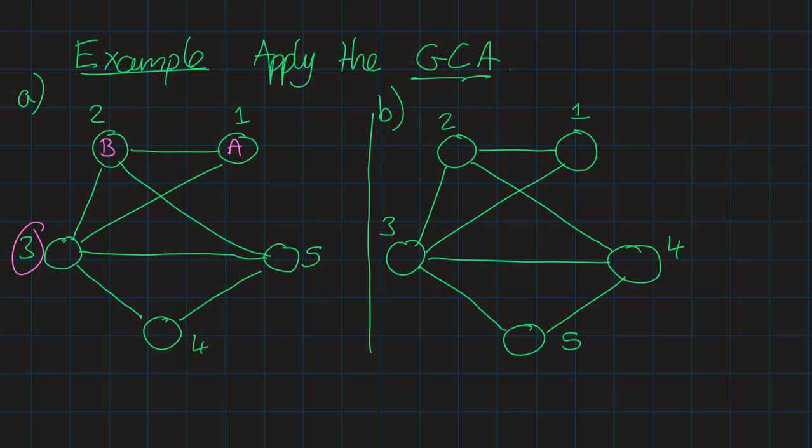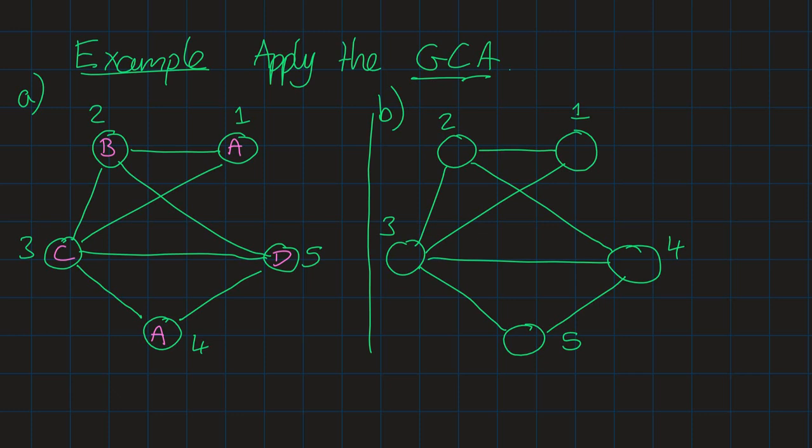Now number 3, you can't color it A and you can't color it B. So the next smallest color is C. Number 4, the smallest color is A, and that's perfectly fine because it's not connected to anything which is colored A. So you color it A, not B, because A is a smaller color than B. And finally, number 5, you can't color it A, B, or C. So the smallest color permissible is D.